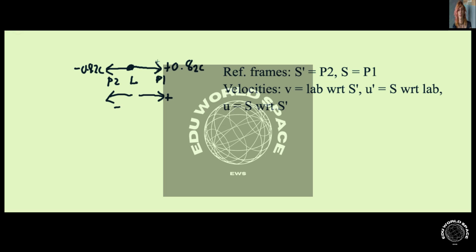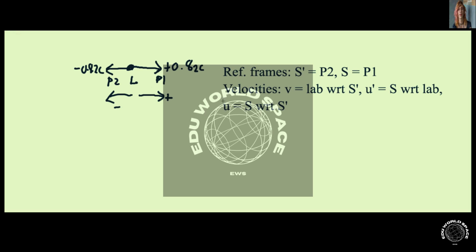So really your choice of reference frames is your own here because they don't specify which particle's velocity you want with respect to which other one. So here we're choosing reference frame S prime to be particle 2, the particle moving in the negative direction, and S to be particle 1, the particle moving in a positive direction.